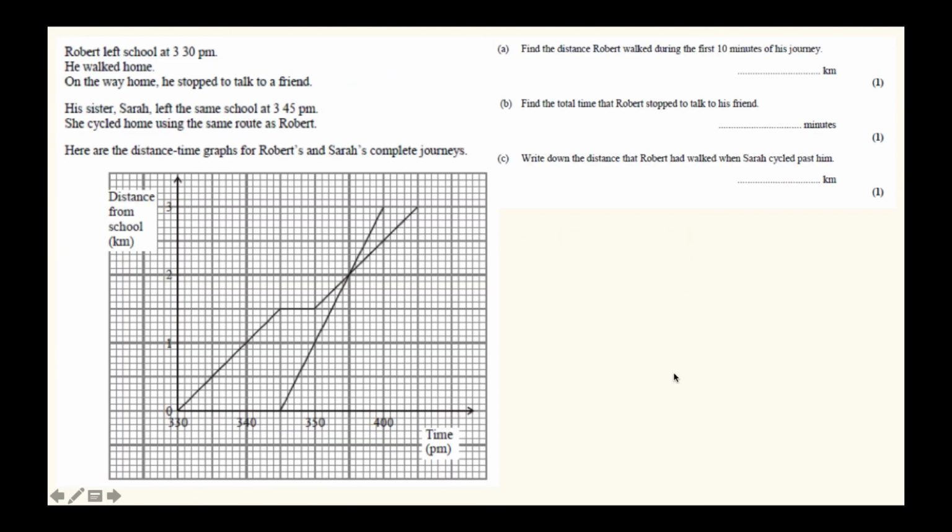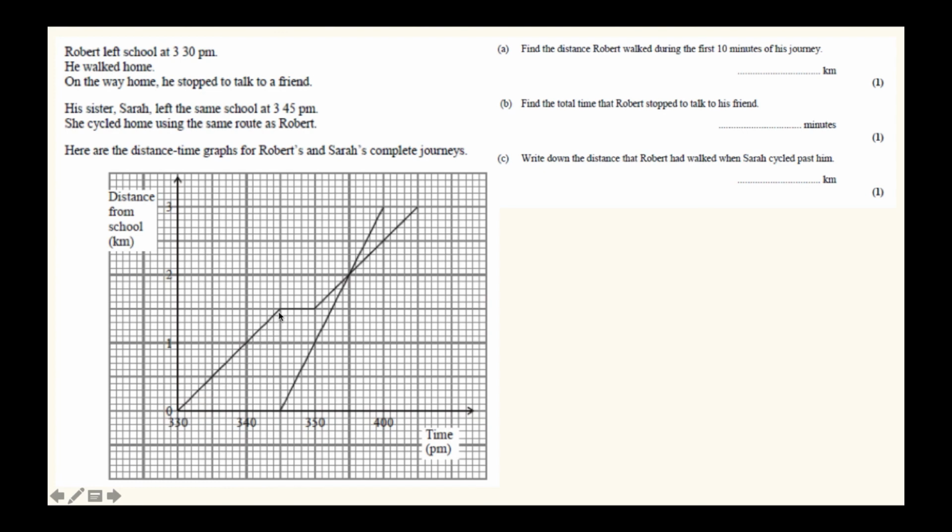One last type of question that you could get in the exam is one like this, another distance time graph, but this time with 2 lines or 2 people. It says here that Robert left school at 3:30 p.m. and he walked home. On the way home, he stopped to talk to a friend. If we look at Robert's line, which is this one here, Robert left school at 3:30.